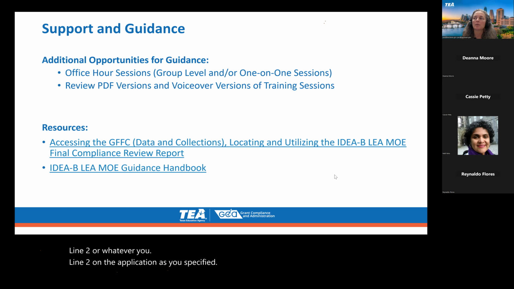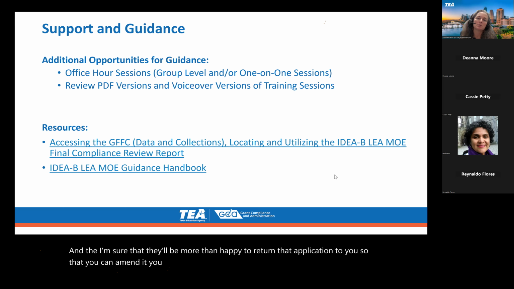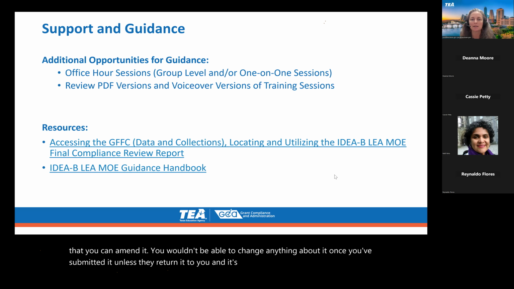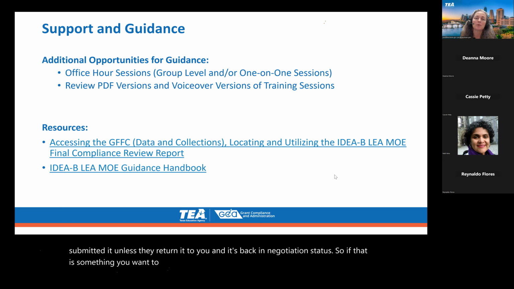I'm sure they'll be more than happy to return that application to you so that you can amend it. You wouldn't be able to change anything once you've submitted it unless they return it to you and it's back in negotiation status. So if that is something you want to pursue, I would reach out to your designated negotiator and request that they return the application to you.